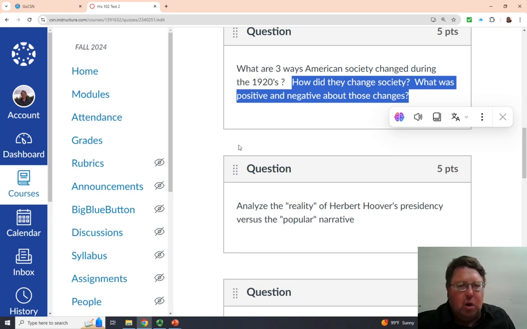Right off the bat, in our 1920s lecture, we talked about all that. What are ways American society is changing? We talked about new industries. We mentioned that. Radios, planes, automobiles, electrical appliances. Those dramatically change American society. And so just talk about how each of those change lives.